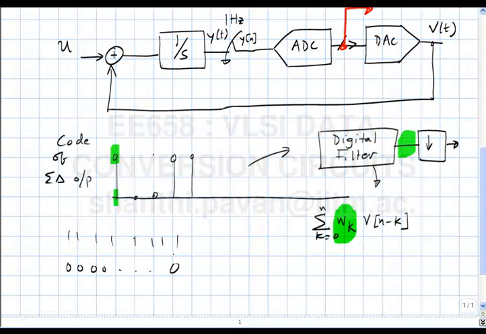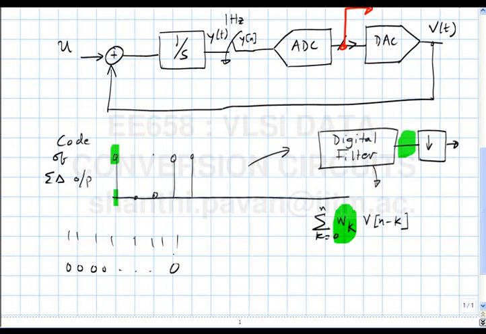And by averaging, you are generating a whole bunch of numbers which lie between the all zero code and the all one code. If you have a register length of n, the largest number you can represent is 1, 1, 1, 1, 1, 1, which is 2 to the power n minus 1. Similarly, the smallest number you can represent is 0, correct?